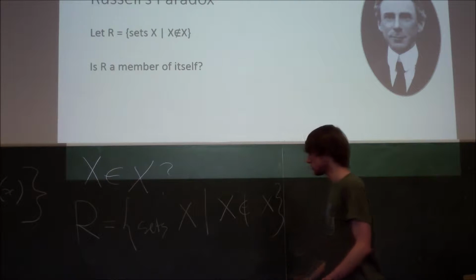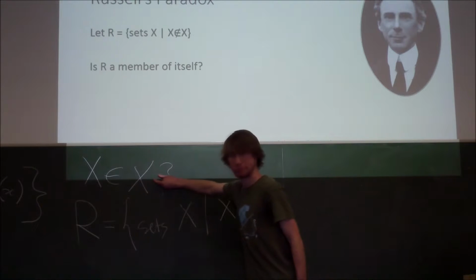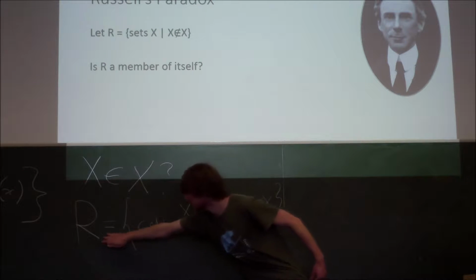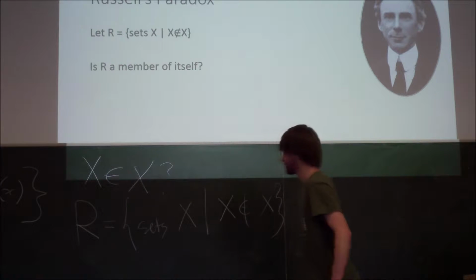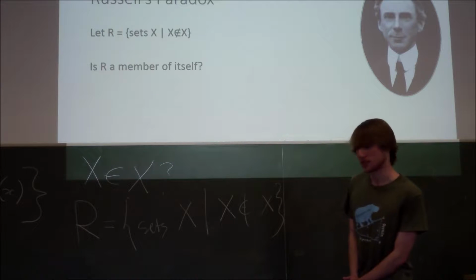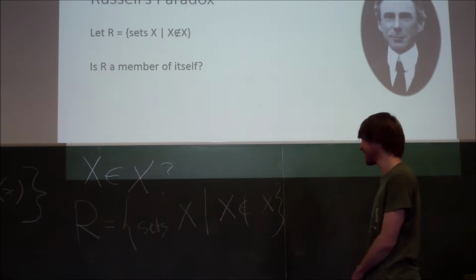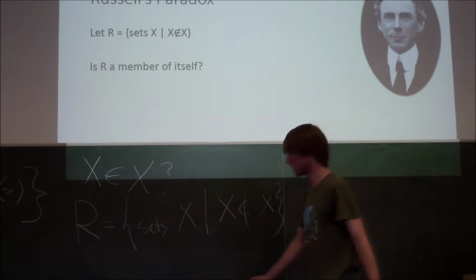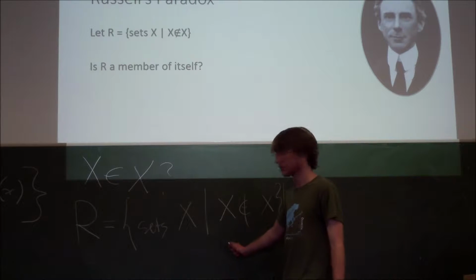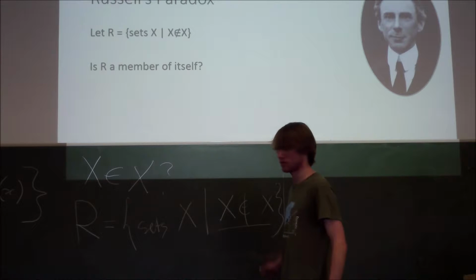Right. So, we want to be able to ask this question about everything we see as a set. So in particular, we want to ask it about this set itself. So, suppose that R is a member of itself. This isn't real numbers, by the way, this is as defined. If R is a member of itself, then it has to have the property that all things that live in this set have, which is that it's not a member of itself.